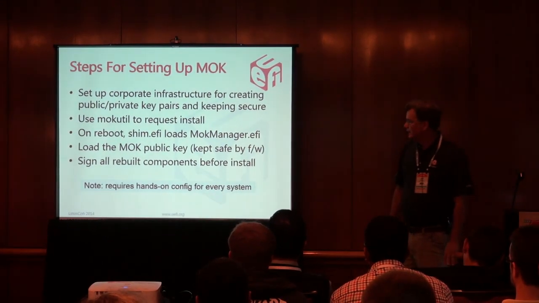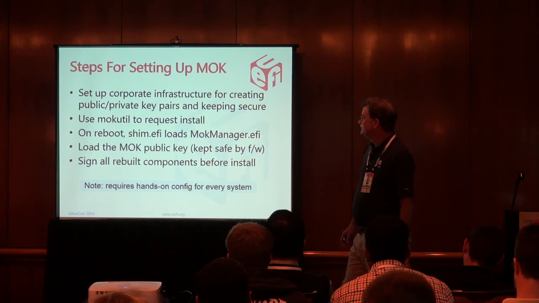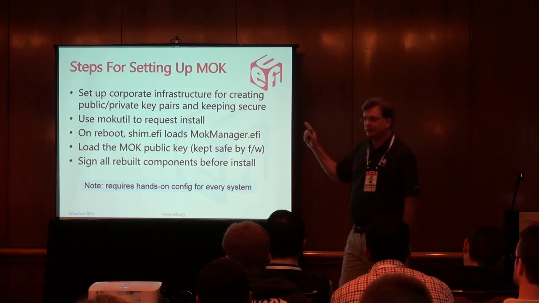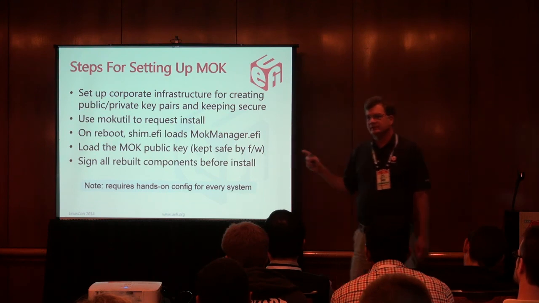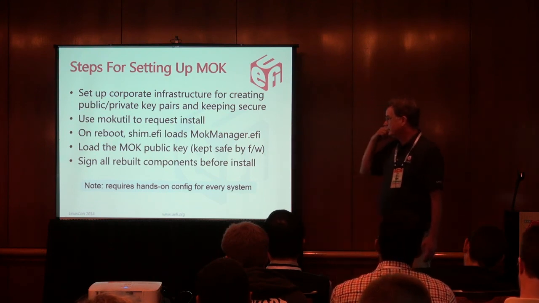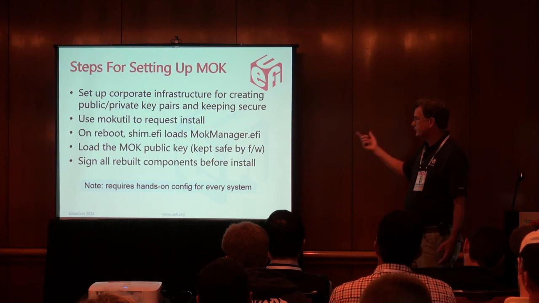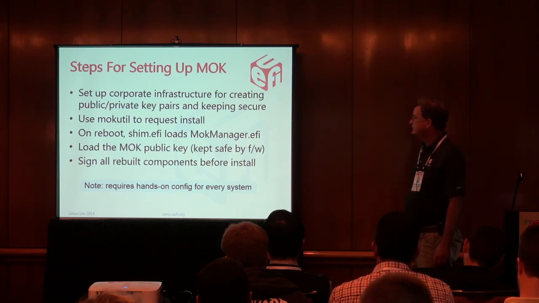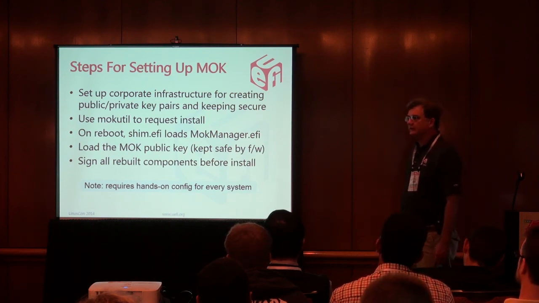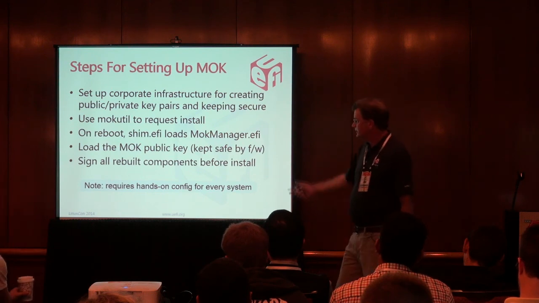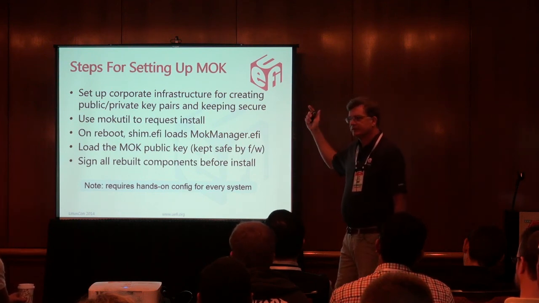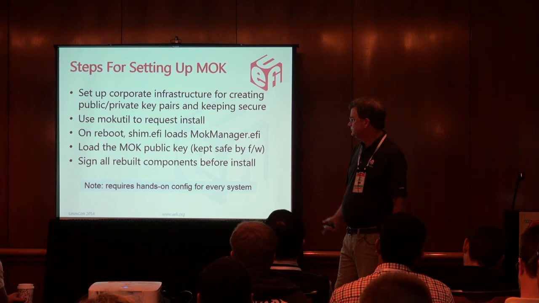You really want to think through, how do I protect this vital link in my system security? And then the second thing you want to do is provision the public part of the key to the system. If you take the typical distribution, take Red Hat for example, the steps would be to run an open source utility, MOK util, which is going to request the install.